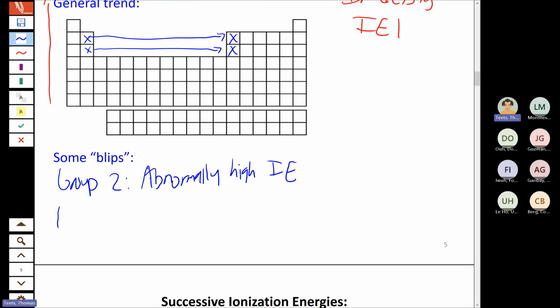And then for group 5, which would be the half-filled p subshells, that's going to be 1, 2, 3 here and here. I'll write that in red. All right, so group 2 is this column here, and then group 5, you're going to have also abnormally high ionization energies.